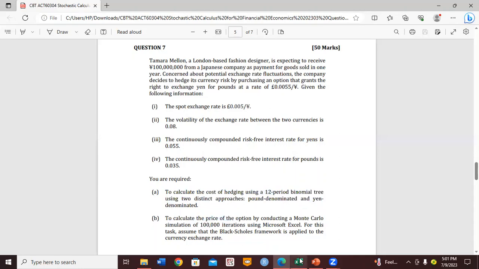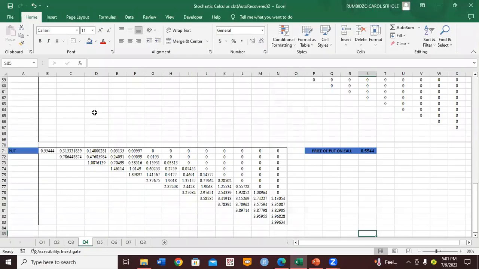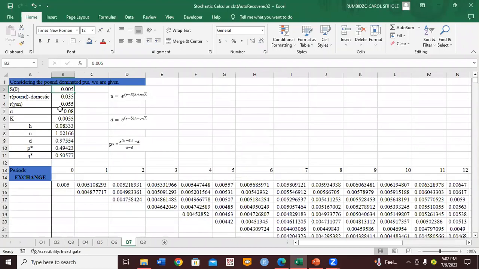So I'll move on to the Excel sheet, question 7. Considering the pound denominated put is the first one that we're going to calculate. The other issue with these questions is determining the strike price and the spot price that you're going to be using, because you're being given this as a rate.